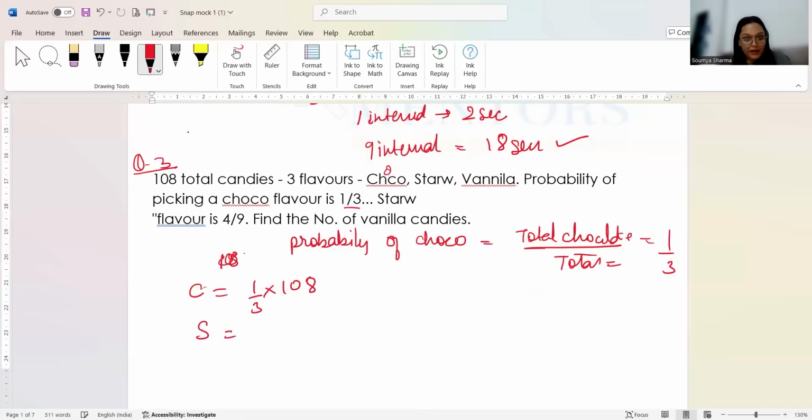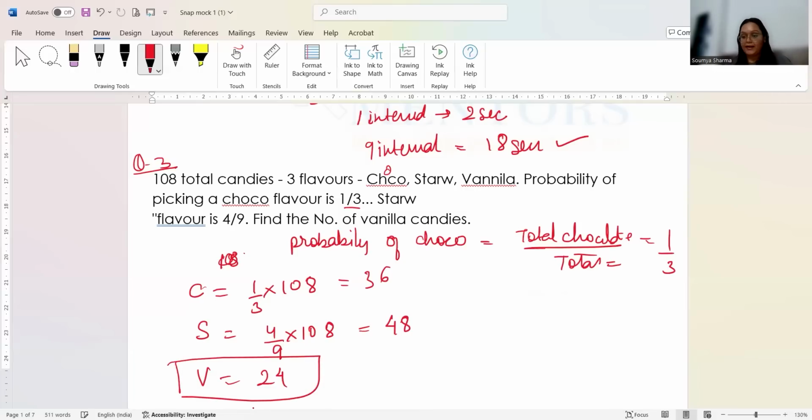Similarly, strawberry will be 4 by 9 into 108. When we get these, we will subtract from 108, so we will get vanilla candy. So from here it is 36, and this is nothing but 48. By adding these two and subtracting from 108, we get vanilla candy to be 24. So our answer is 24 candies. Clear?